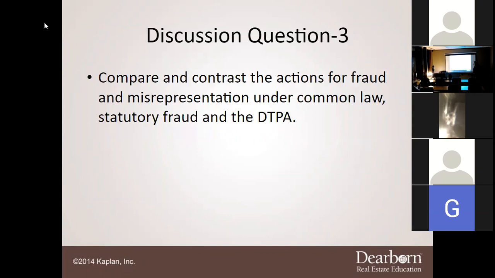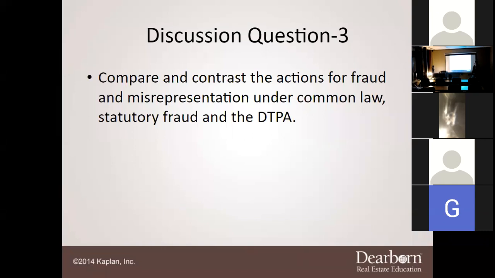Number three, compare and contrast the actions of representation under common law, statutory fraud, and the DTPA. This one would really suck again. Mr. Jacob, can you answer that one for me? What was the question?